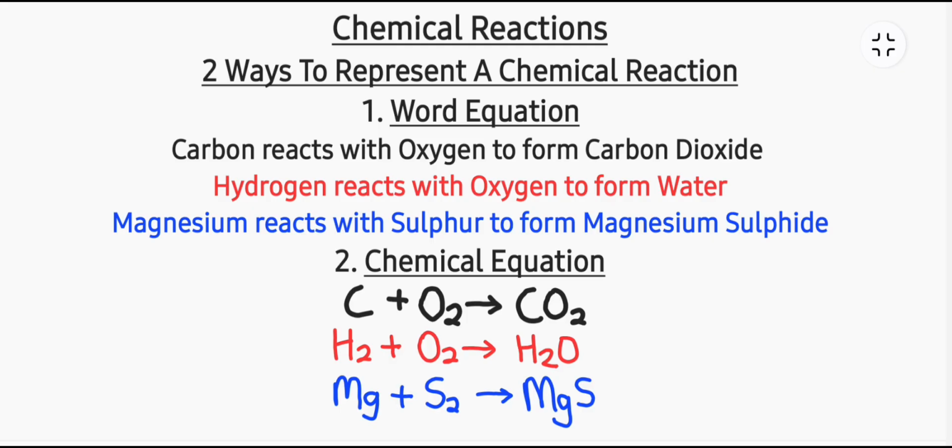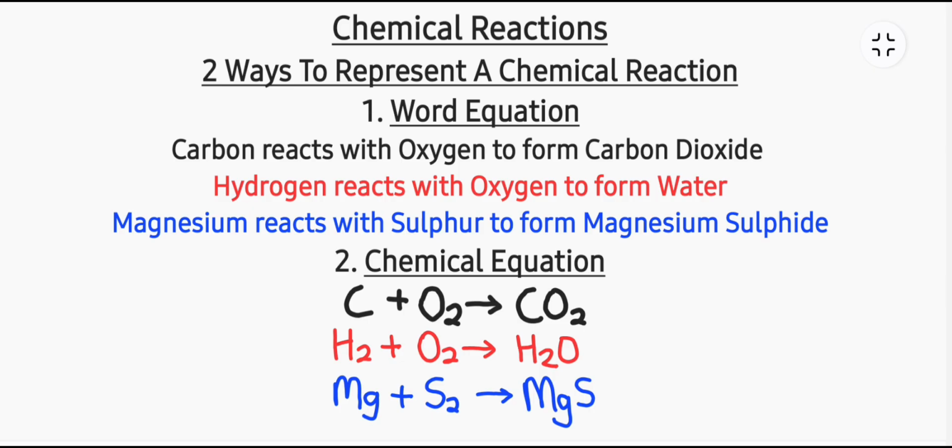I'm hoping it's fine for word equation and chemical equation. What's key there is for us to know that for a word equation there is no need for us to know how to balance. And the other thing I should know is that for a chemical equation I would be required to balance.